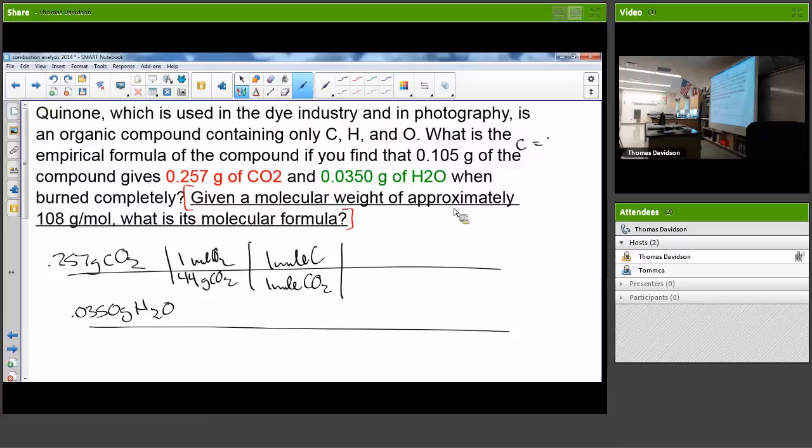What did this answer end up being? 0.00584. All right, then my H, I have 18, I have 1. I know I'm being lazy. I have 1 and I have 2. Are you with me? And what did that end up being?